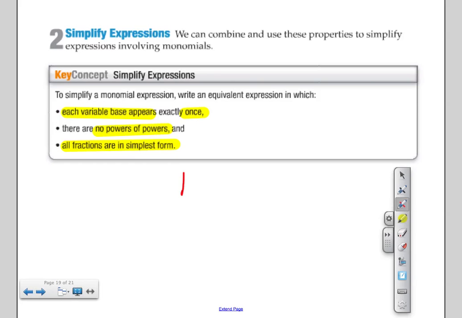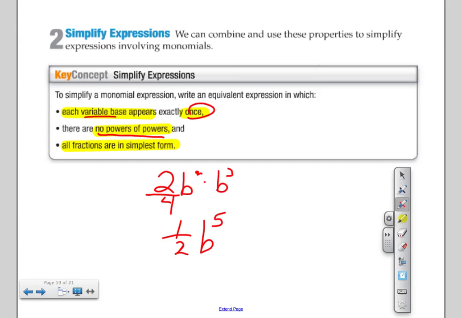So you aren't going to have b squared times b to the third over 4, because that would not be in simplest form. We'd have to change that to 1/2 b to the 5th. So only one variable, no powers of powers, and fractions in simplest form.